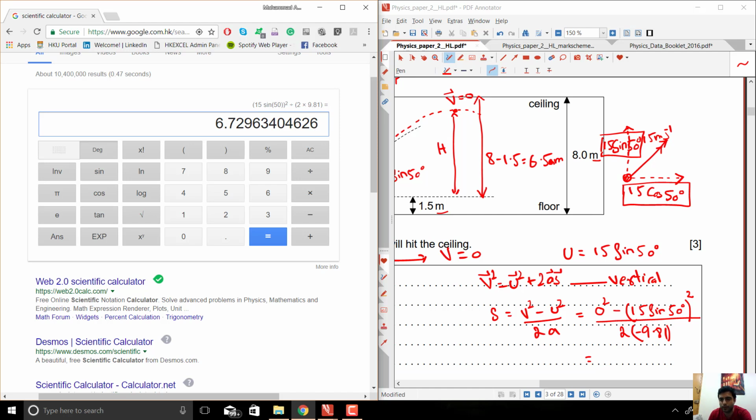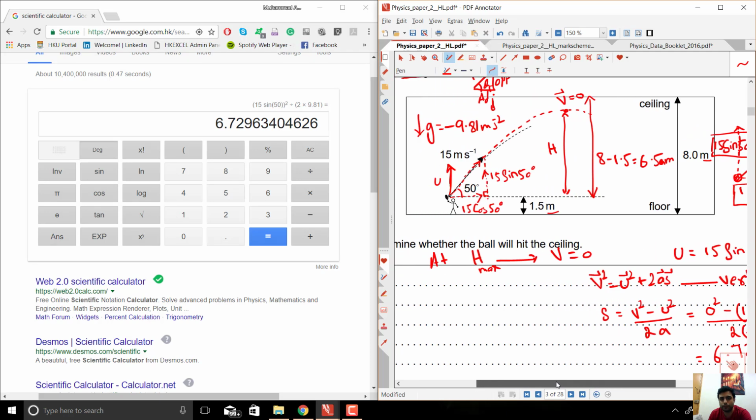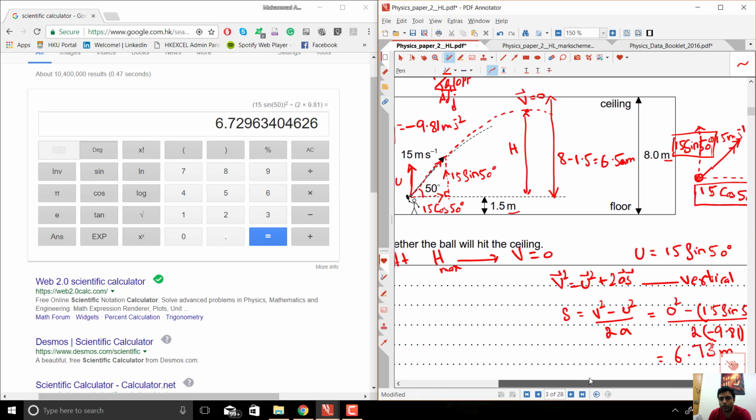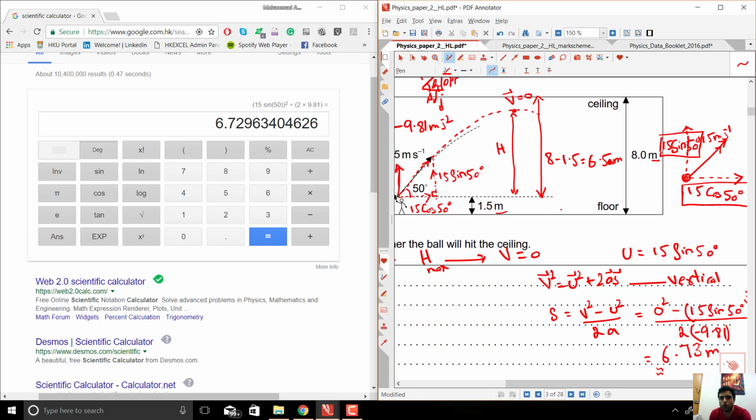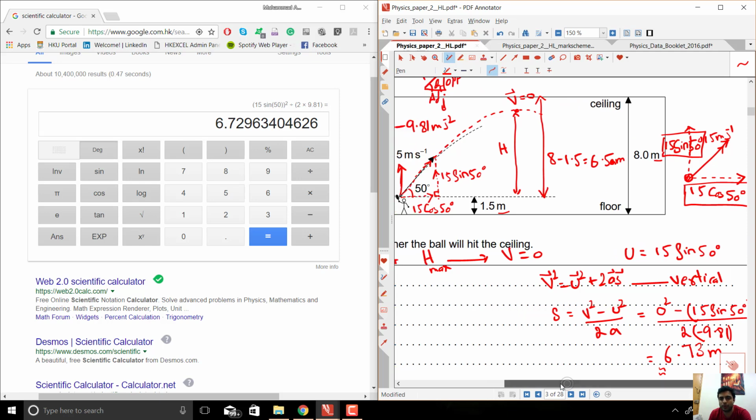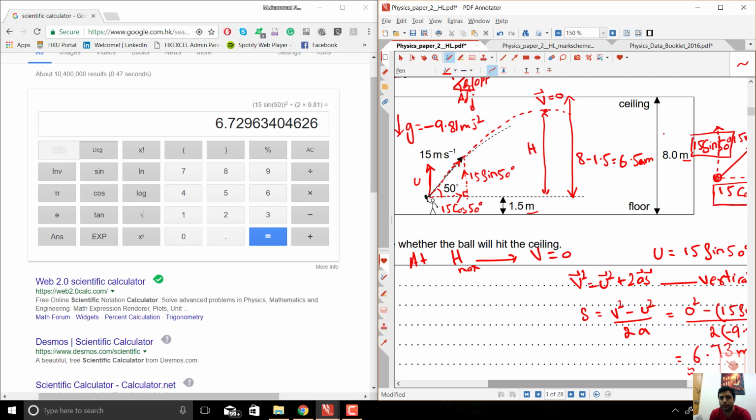So if we round to 3 significant figures, it will be 6.73 meters. Actually, we have to choose two significant figures here. The reason is that the maximum number of significant figures we have in our question is 2.